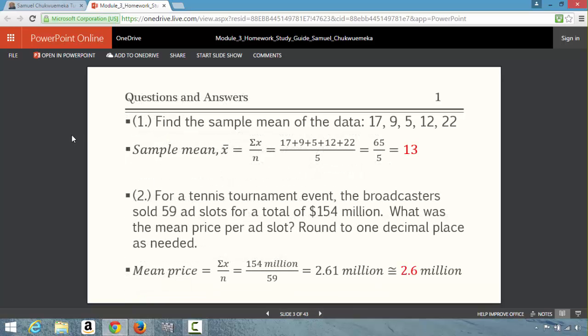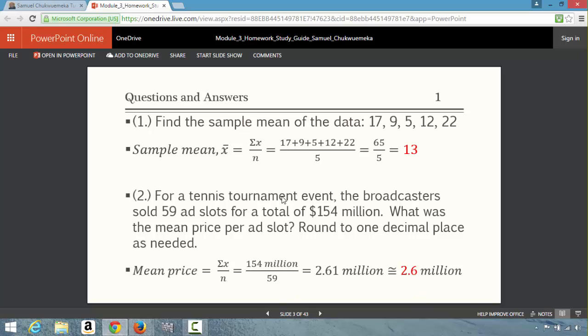So question 1, find the sample mean of the data. For the sample mean, you use a lowercase n and x bar. X bar is the sample mean. X bar is sigma x divided by the sample size. Lowercase n is the sample size.